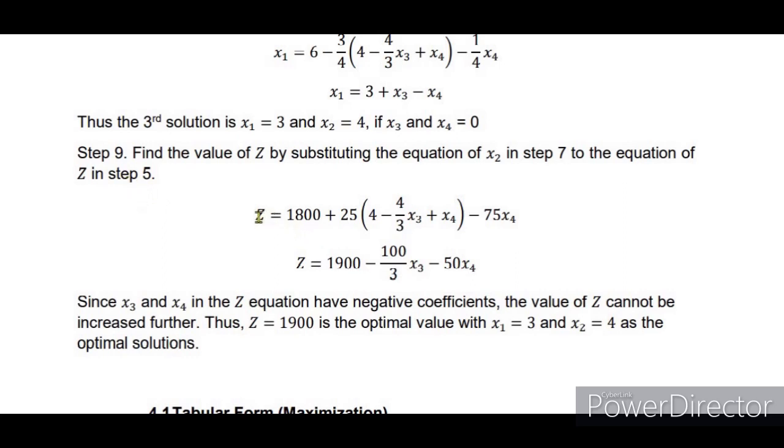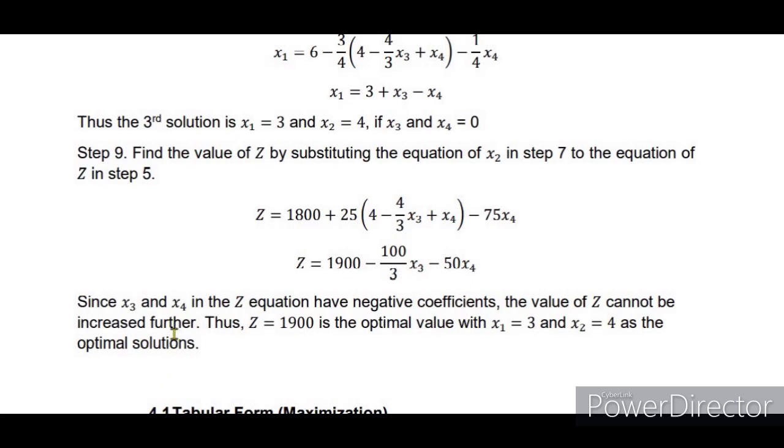So this is the equation in step number 5. We will now substitute x sub 2 that we got from step number 7. So simplifying, we got z is equal to 1900 minus 100 over 3 x sub 3 minus 50 x sub 4.